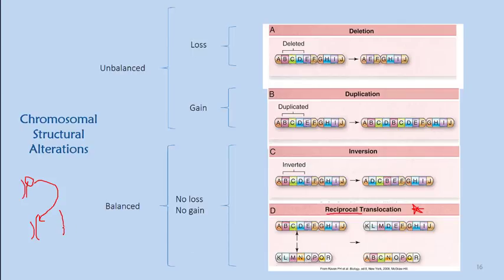But in another example, let's say this part breaks off and this part breaks off. Let's say this is chromosome 1 and chromosome 7. Then this part of the chromosome that breaks off joins chromosome 1, and this part of the chromosome that broke off chromosome 1 is going to join chromosome 7. And so that's called reciprocal translocation. And you can see on this next slide what that looks like.